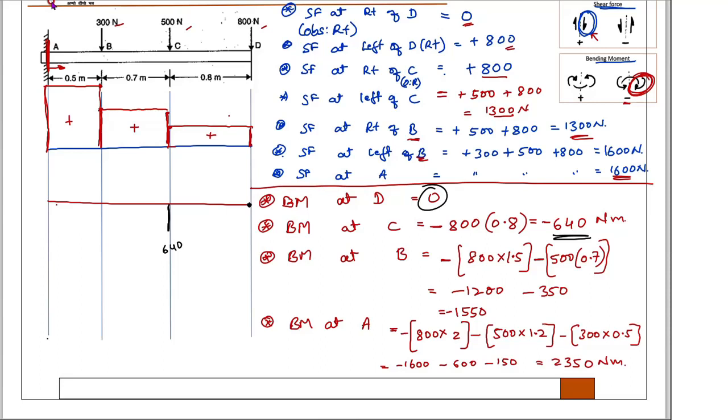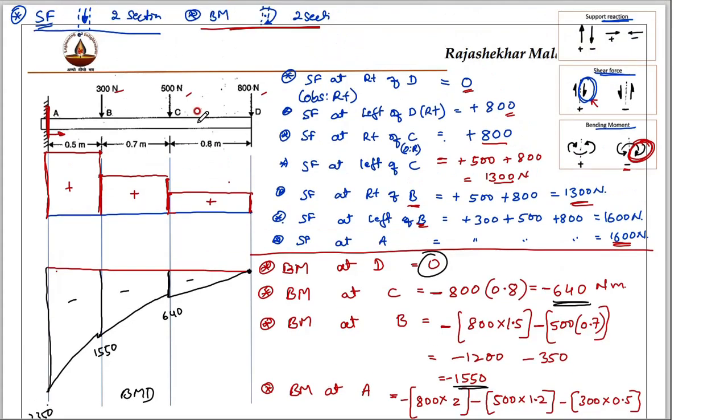At this point it is 1550, and at this point it is 2350. Since there is no load, triangular or inclined, this is your negative bending moment diagram. Over. We'll go to the next problem.